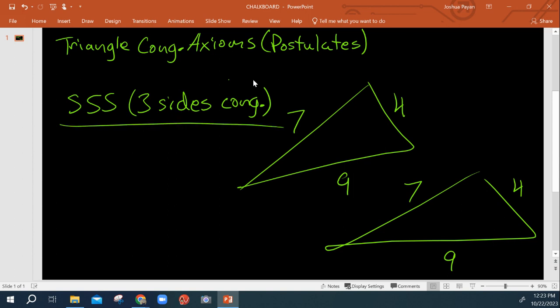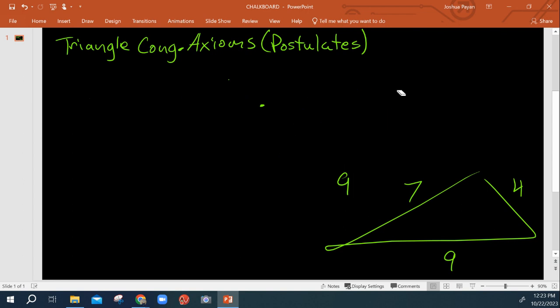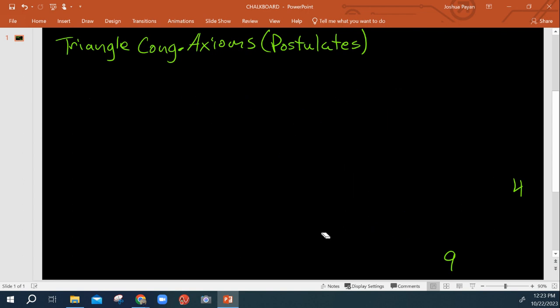So I'm not even going to go into any detail here. If two triangles have three sides congruent, obviously that means the two triangles are identical and they too are congruent. Okay, so not going to dive too deep into that one. If for whatever reason you have any questions over that one, let me know, but I doubt it.